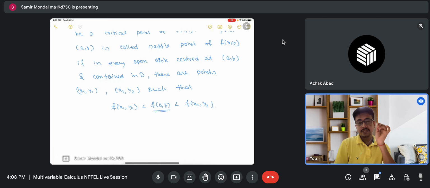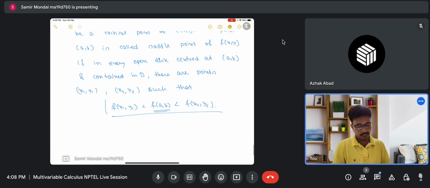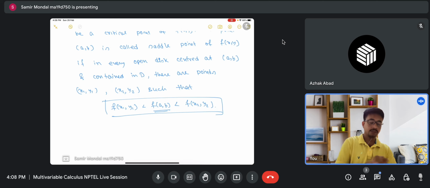In every open disc we will get at least two points such that this is satisfied by the function. We will not get all less than or equal to, or all greater than or equal to. We will get f(x1, y1) less than f(a, b) and f(a, b) less than f(x2, y2). At that time we call this point a saddle point. Is it fine? Yes, sir.